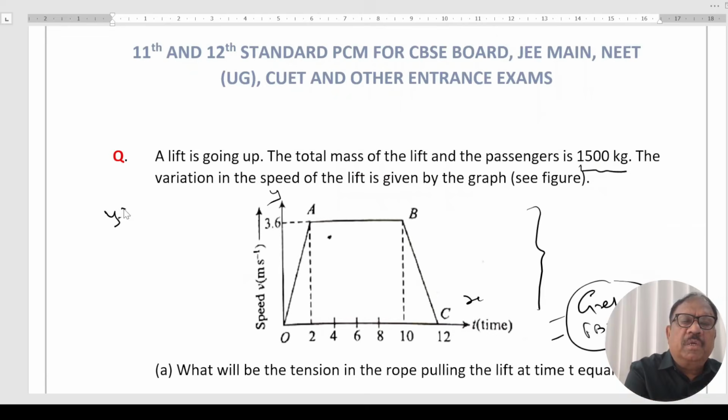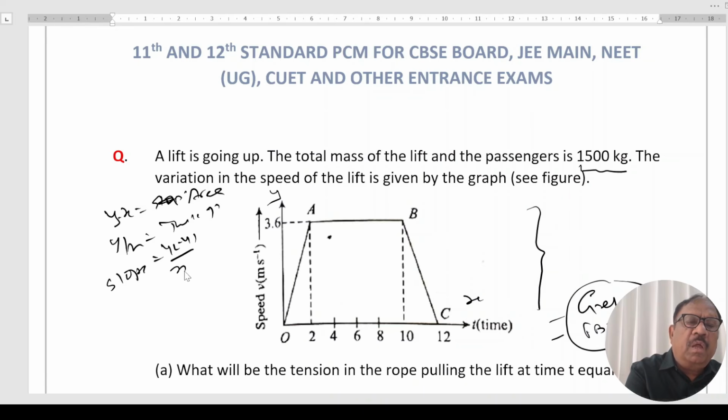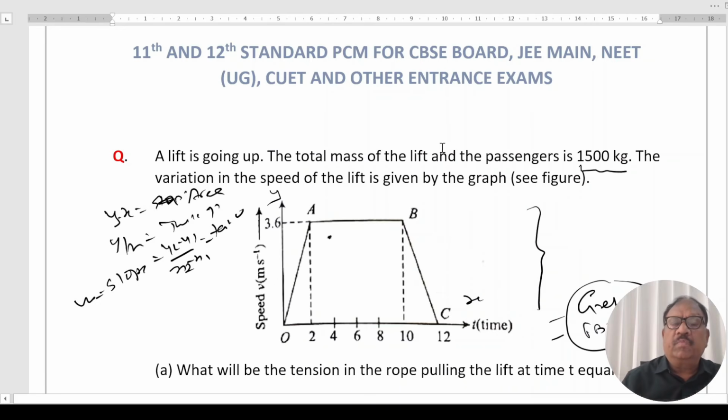If y into x is there, think of area, and if y upon x, think of slope. Slope is equal to y2 minus y1 over x2 minus x1, equal to tan theta, that is given by m. In this case, we have to find the acceleration.